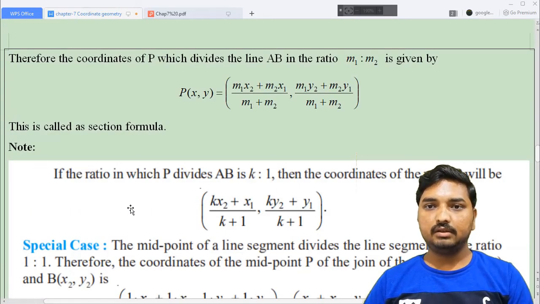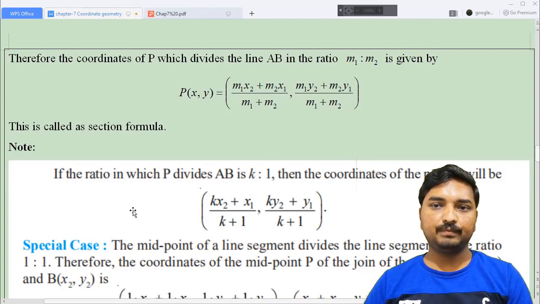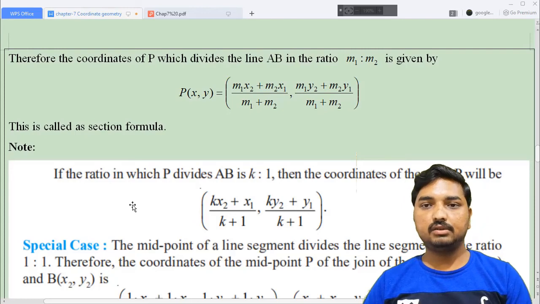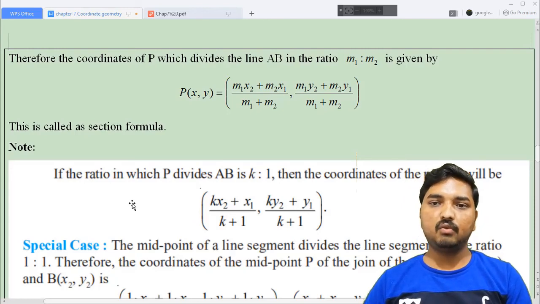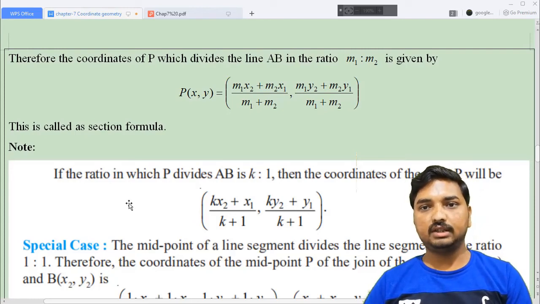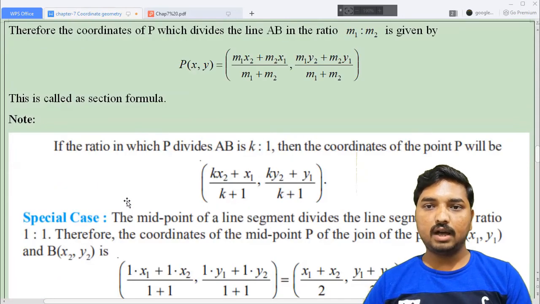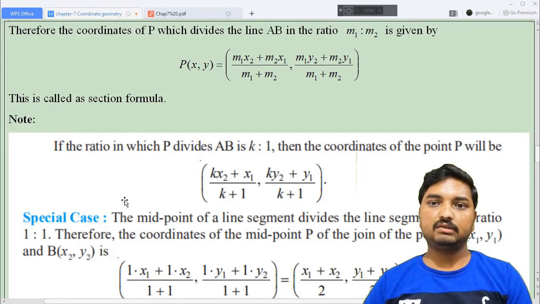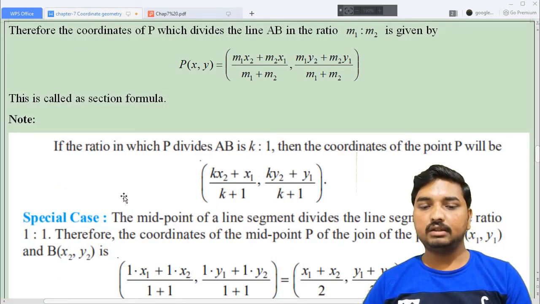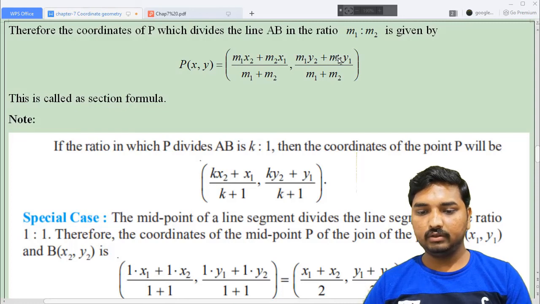If we divide a straight line into two equal parts, what will the ratio be? It will be 1 is to 1. So the ratio m1 is to m2 becomes 1 is to 1. If you place 1 in the place of m1 and m2, you will get the midpoint formula.